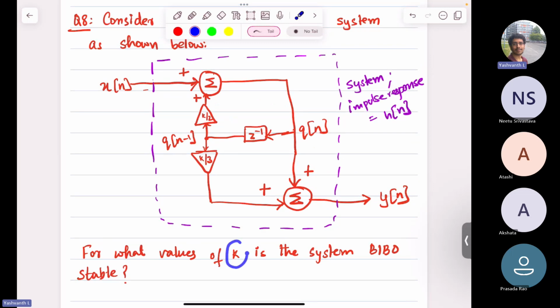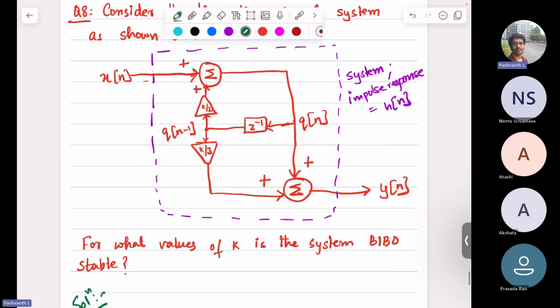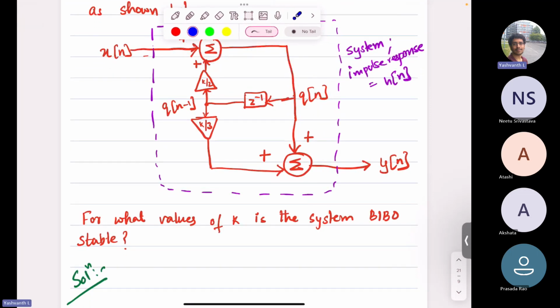The question is, for what values of k will the system be BIBO stable? So the first step is to write down the signal flow equations that are depicted in the figure. What is q of n? Q of n is the output of this adder. What are the inputs of the adder? So x of n plus k by 2 times q of n minus 1 is equal to q of n. Tell me if you agree. Just a minute, I'll move this here.